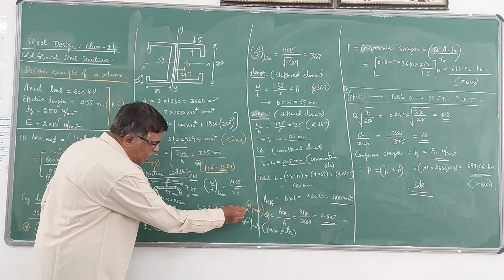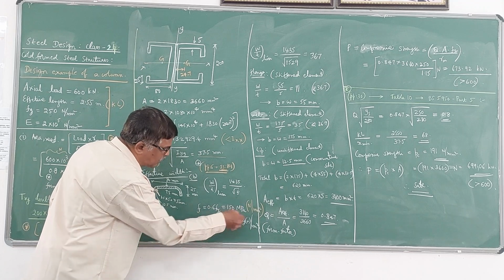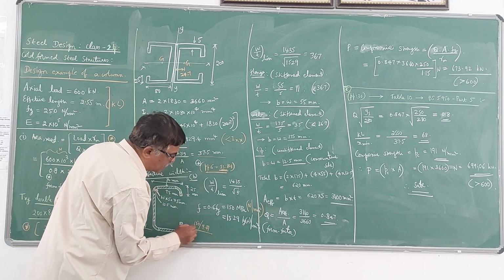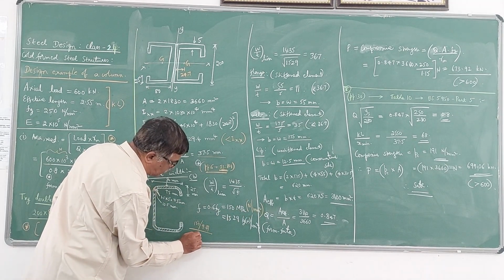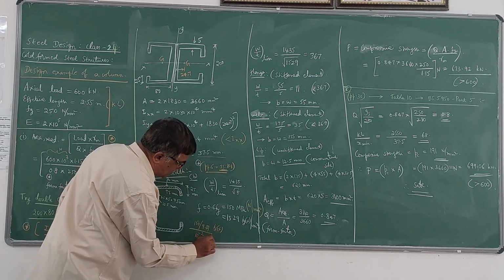I think you know how to calculate that. It is 150 Newton to be converted to kg force, divided by 9.81, divided by millimeter square to be converted to centimeter square, that means 10 to the power of minus 2. So this becomes kg force, this becomes centimeter square.